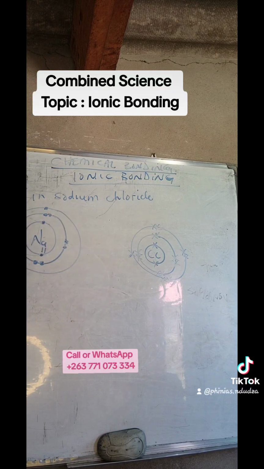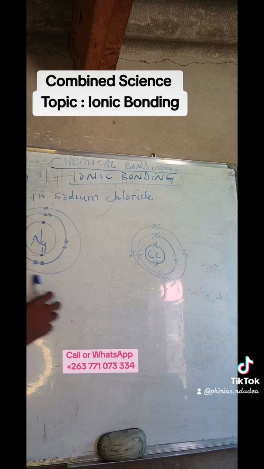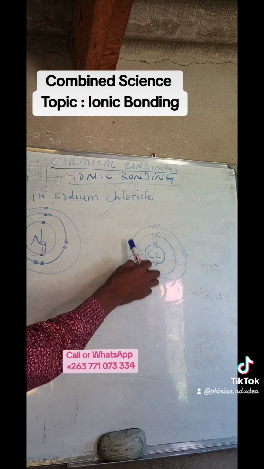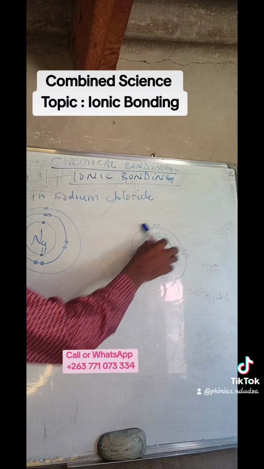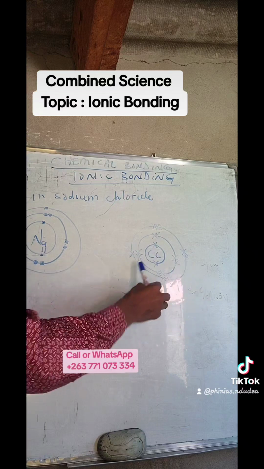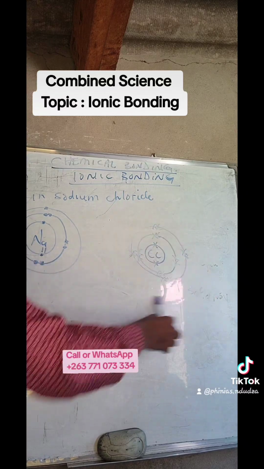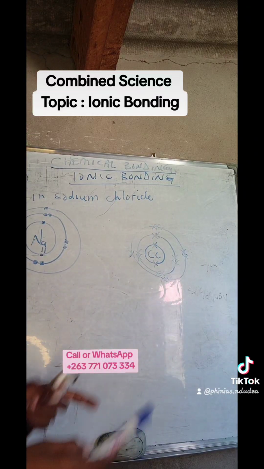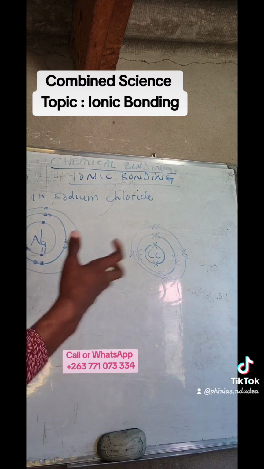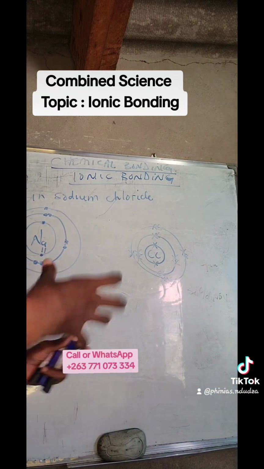The problem here is that sodium has this 1 electron disturbing the third shell, and in chlorine, 7 electrons are disturbing the outer shell. Instead of 7 electrons, it must have 8. So for them to gain valence, they started to bond.